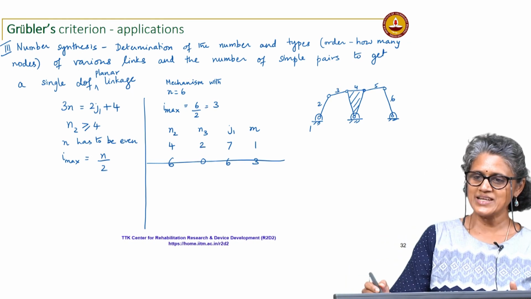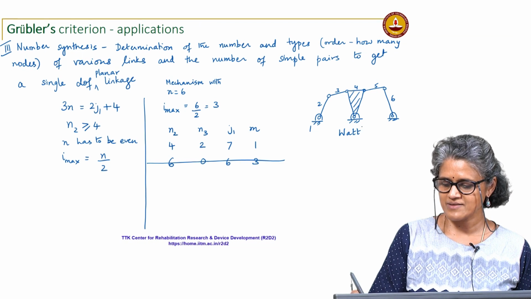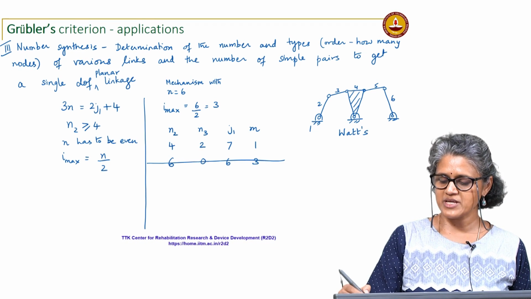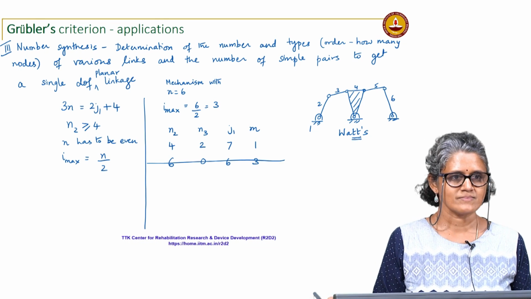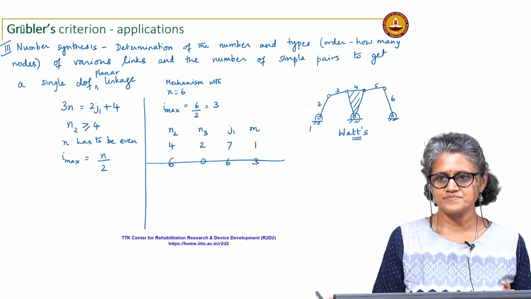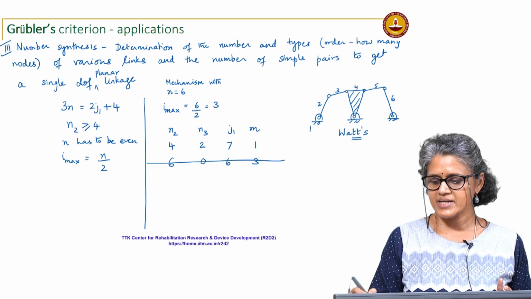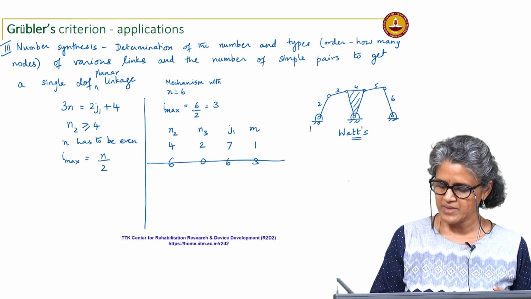So, you have 2 ternary links. This is the Watts configuration. In the Watts configuration, the 2 ternary links are directly connected to one another. That is one way to remember. Direct connection between the 2 ternary links in the Watts chain.